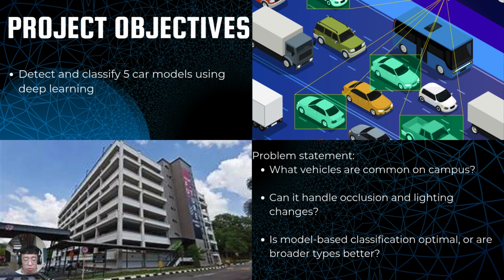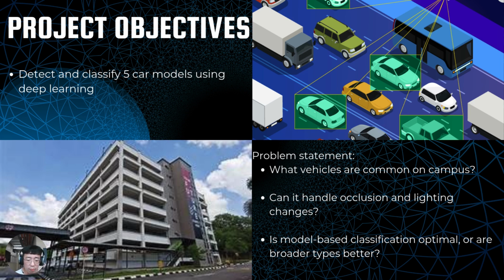The main objective of our project is to develop a deep learning-based system that can accurately detect and classify 5 specific car models using images taken on campus. We are focusing on real-world challenges by trying to answer a few key questions. First, what are the most common vehicle types we see around the campus?